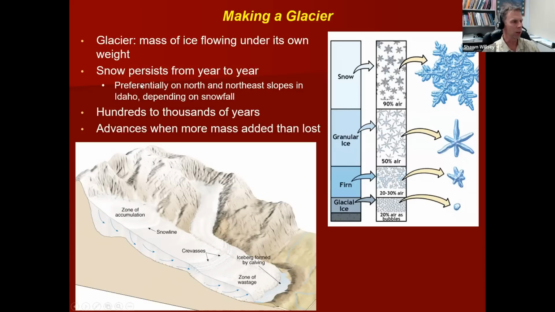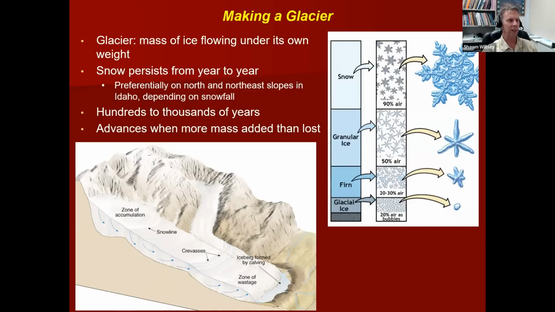In Idaho, we preferentially see glaciers forming on north or northeastern slopes. That's because those sides of the mountain are protected from the afternoon sun. It's obviously much easier to grow your snowfield into a glacier if it's somewhat protected from the sun.